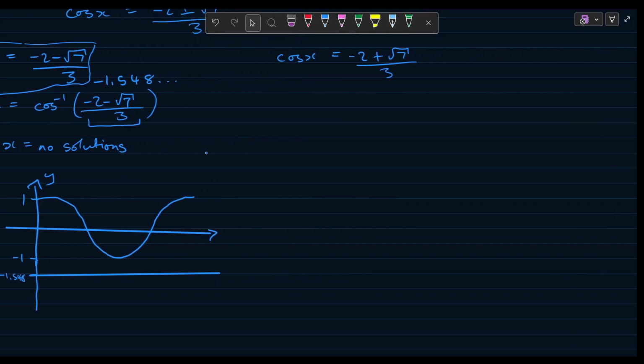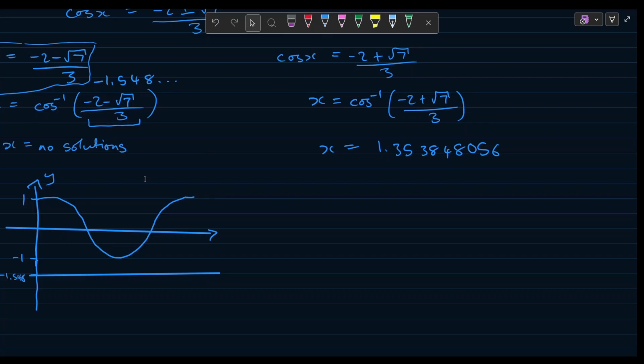Okay. And on this equation, we get that x is arc cos of negative 2 plus root 7 over 3. So x is equal to, that's arc cos of negative 2 plus root 7 over 3. And this is equal to 1.353848056.